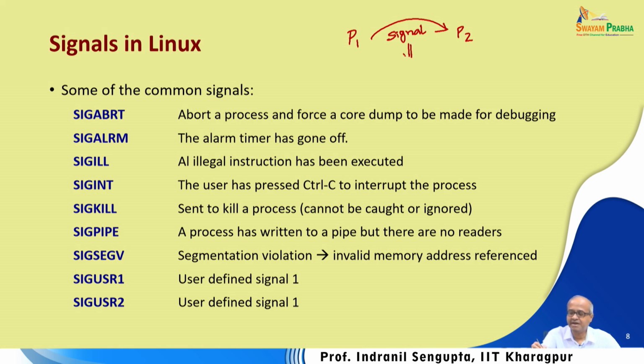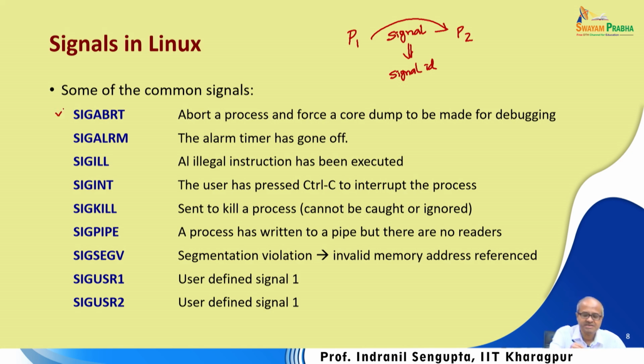There are different kinds of signals, and these signals have some signal IDs 0, 1, 2, 3, 4, some numbers given to the signals. But in one of the header files, each of these signal IDs is given some name. So, instead of those numbers, you can also use the names in your program. Here some of the common signals are mentioned.